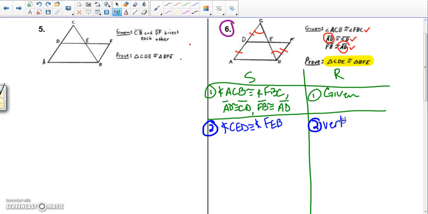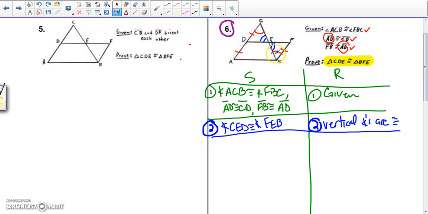And the reason is vertical angles are always congruent. Mark it in. This angle gets 2 arcs.